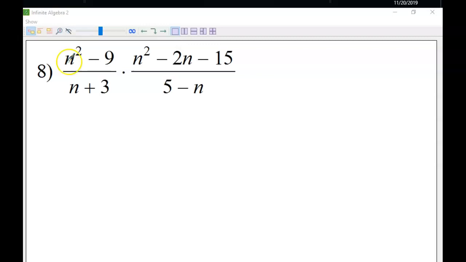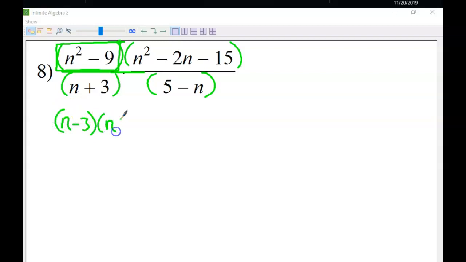All right, so we're going to treat this just like one giant fraction then, right? But we do have some factoring that we need to attend to. So, Kalani, what does this thing factor into? Good, that's our difference of squares there.